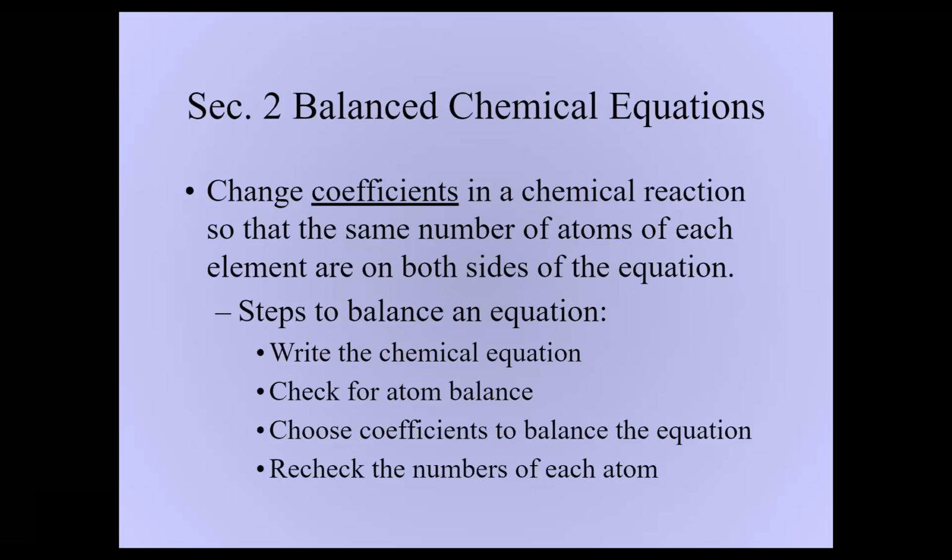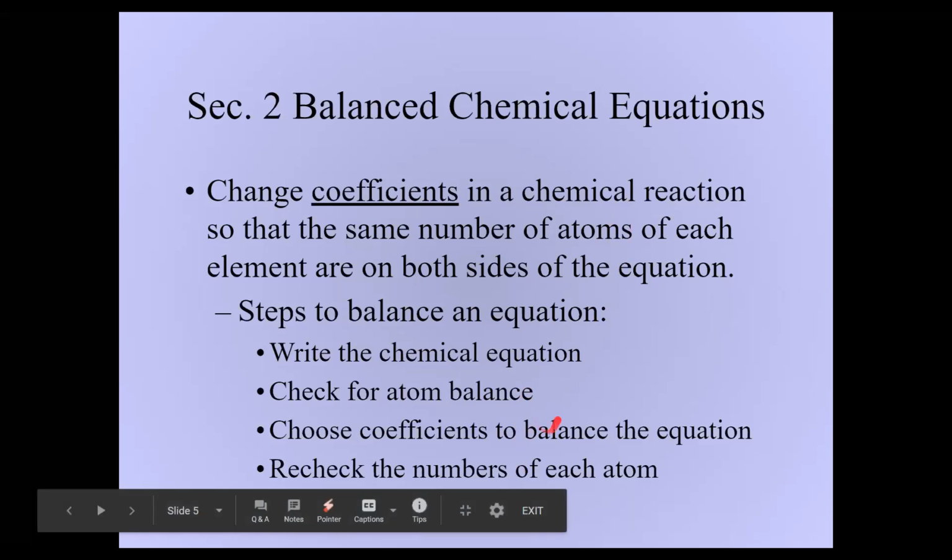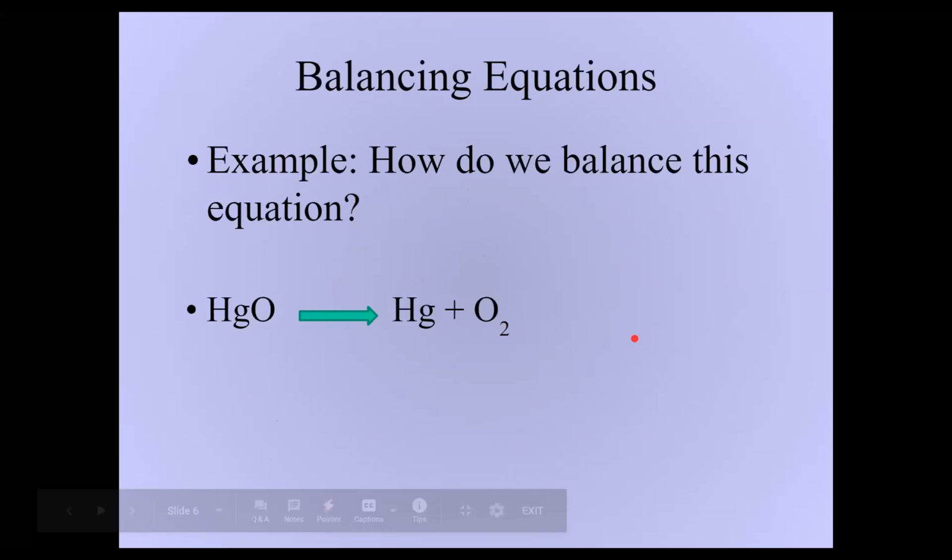So I'm sure you guys have a lot of questions right now. Just describing the process is hard to picture. So I'm going to take you step by step through balancing a simple chemical equation and show you what each one of these steps actually means. Here we have a very basic chemical equation.